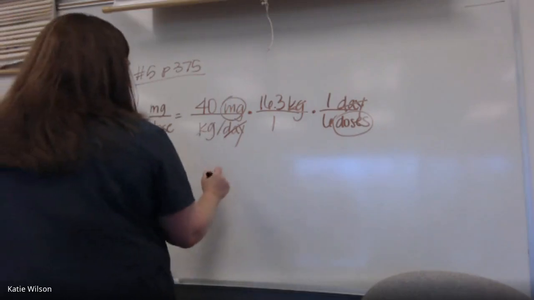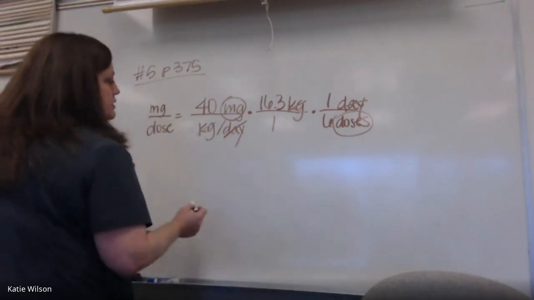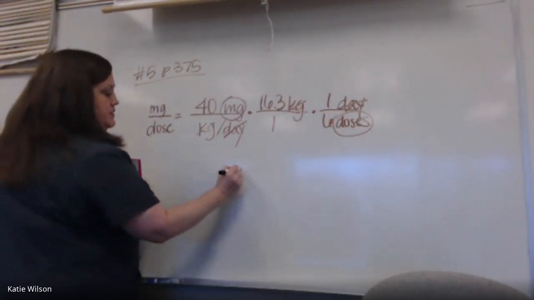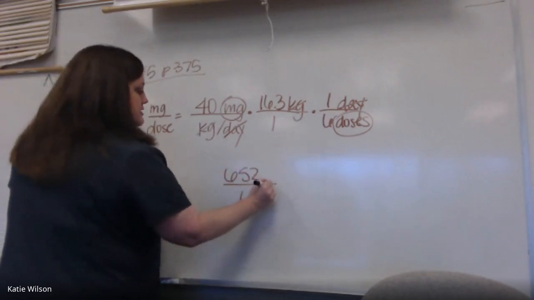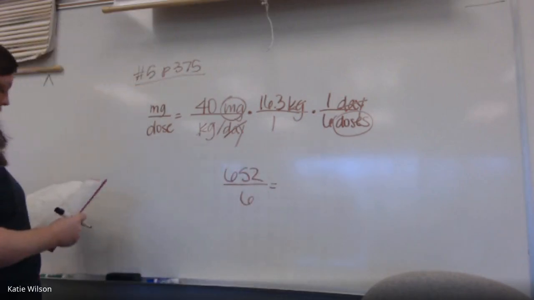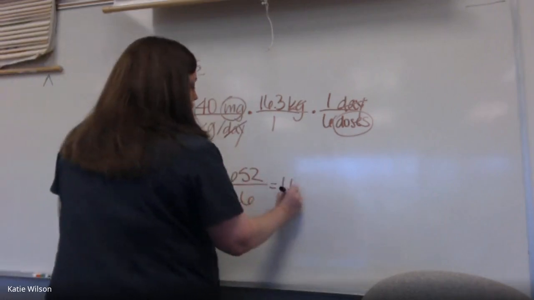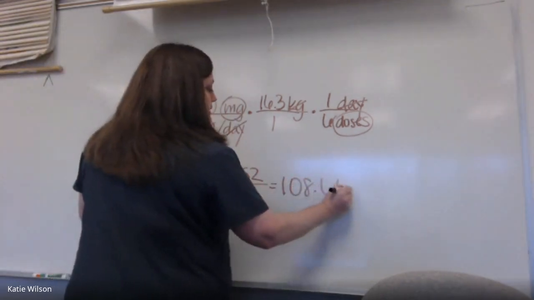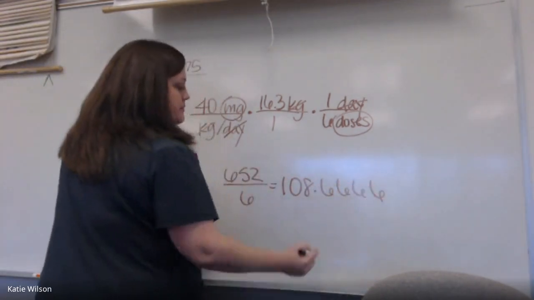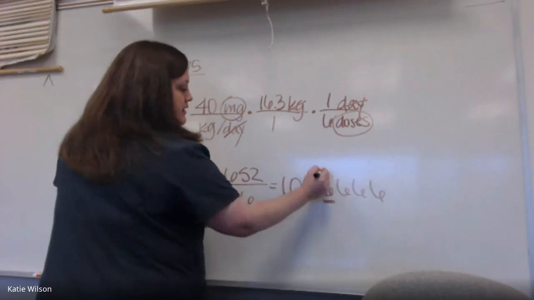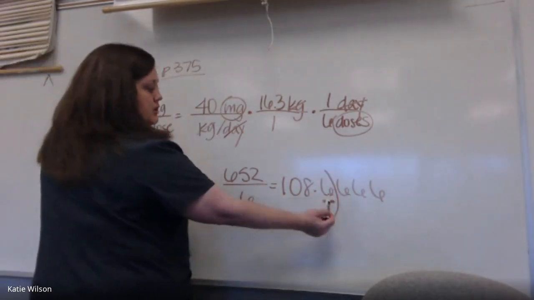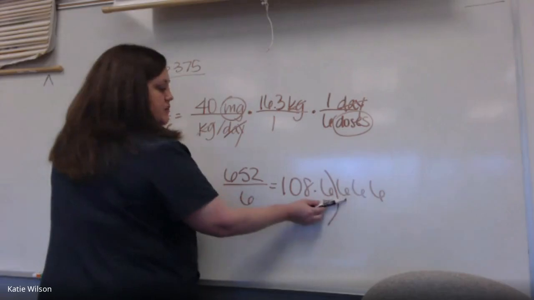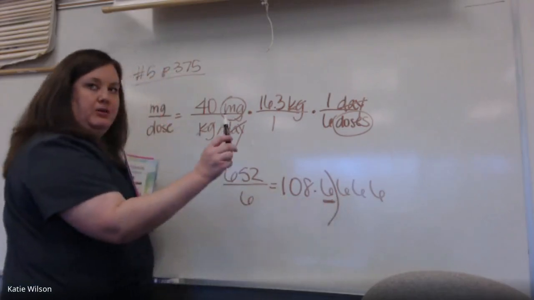So 40 times 16.3 is how much? 652? Yes. And then I've got 6 on the bottom. So 652 divided by 6? 108.6 repeating. Okay. Rounding to the tenth. You've got 6 to the right of the tenth spot, so that means you go up 1.